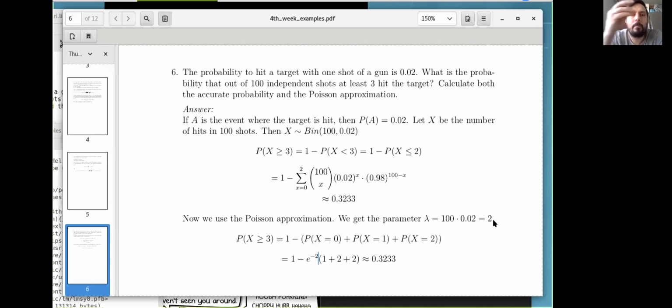And if n is larger or p is smaller, then that's fine.